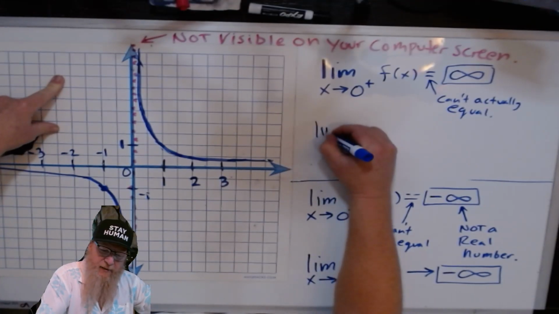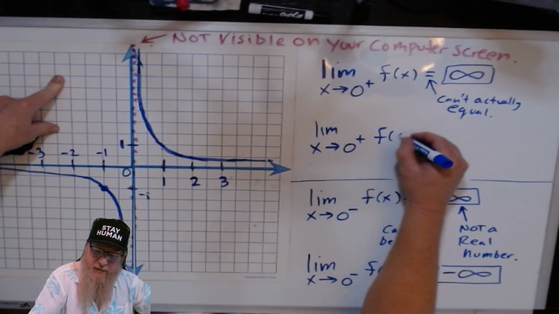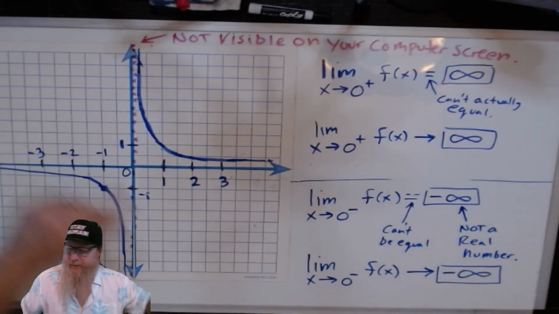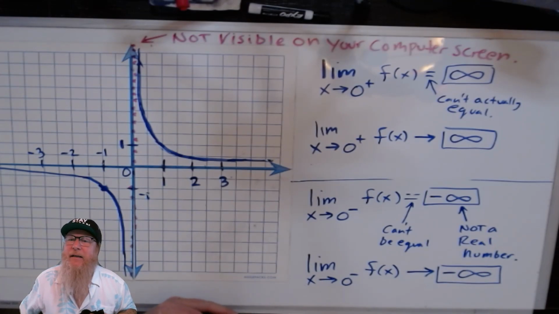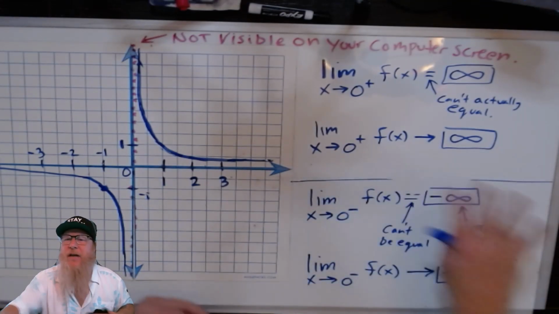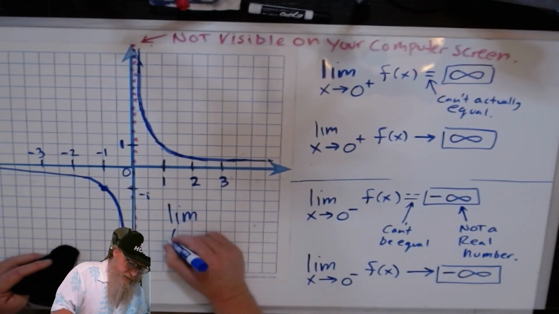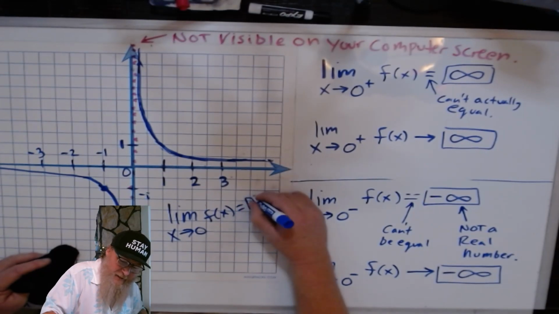So we say the limit as x approaches 0 from the right approaches infinity. And since these two do not agree with each other, the limit as x approaches 0 is in fact DNE.